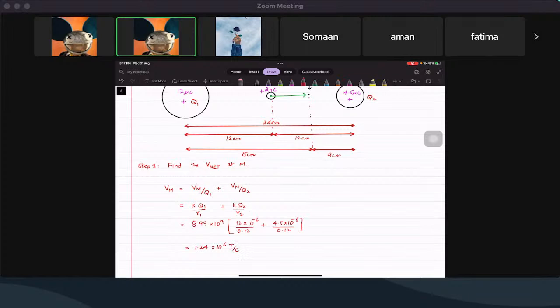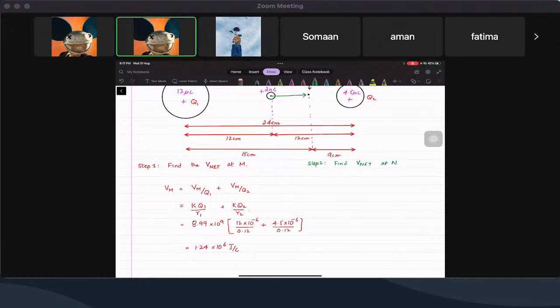Now I'm doing step 2 in a different color so that you guys can differentiate it. Step 2 would be find V net at N, because you want to go to that place, so you should know the potential at that point.